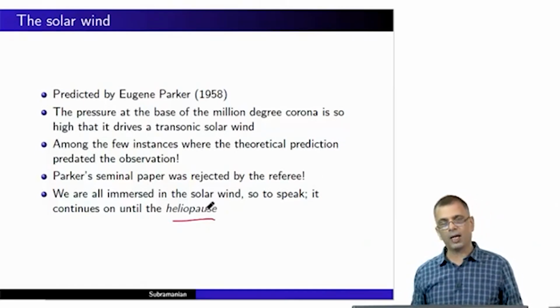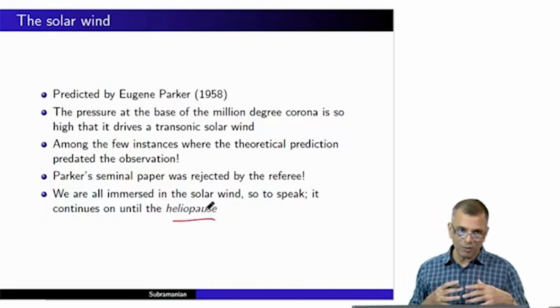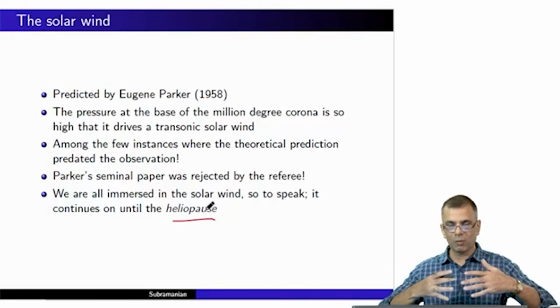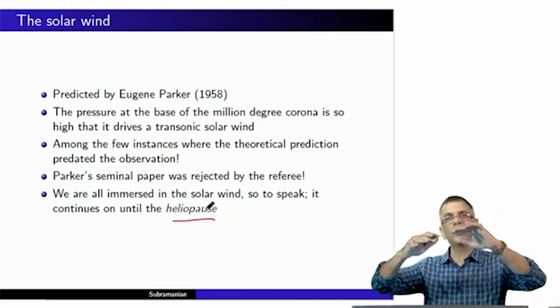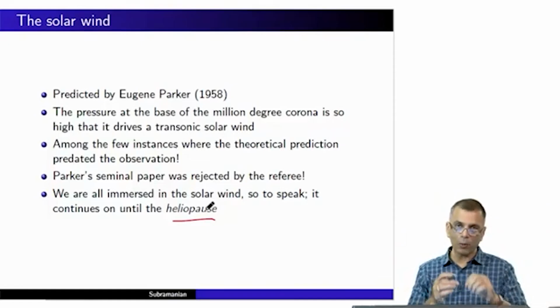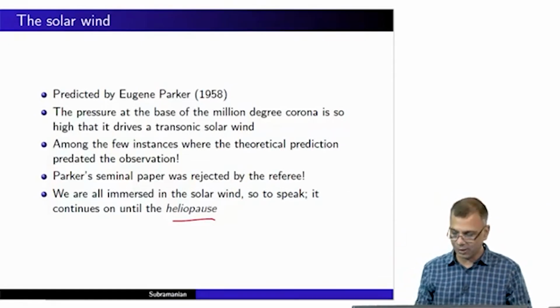In some sense the solar system is thought to be that volume which is permeated by the solar wind. Up until the heliopause, people think of that as the solar system. So we are of course well within the heliopause, and we are also immersed in the solar wind as we speak.